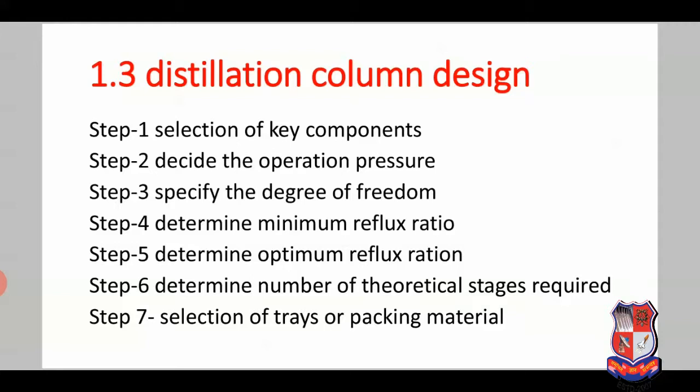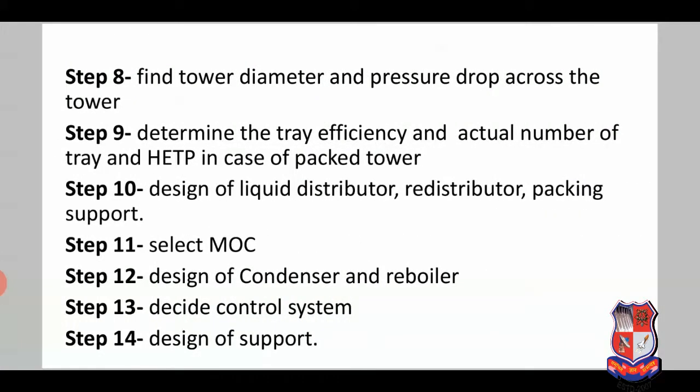And in case of a packed tower, there are various types of packing materials like Raschig rings, Pall rings, Berl saddles, Intalox saddles. These are the random packings. Besides this, structured packing is also available. So we need to consider all those criteria. Next, step 8: find the tower diameter and pressure drop across the tower.